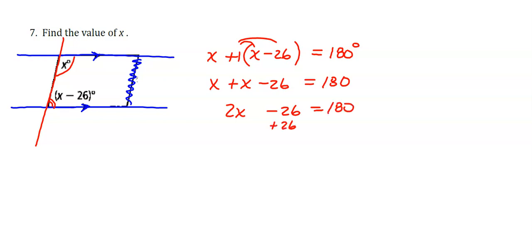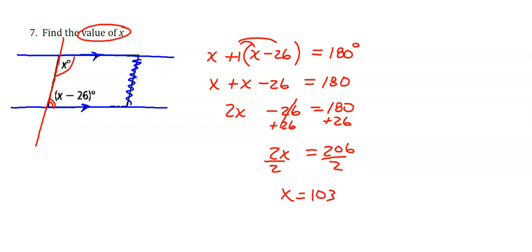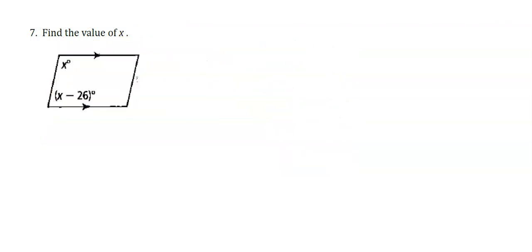I'm going to add the 26 to both sides. And that gives me 2x equals 206. And divide. And I get x equals 103. And that's all we need to do. Find the value of x. So correct answer, 103. Moving on down.